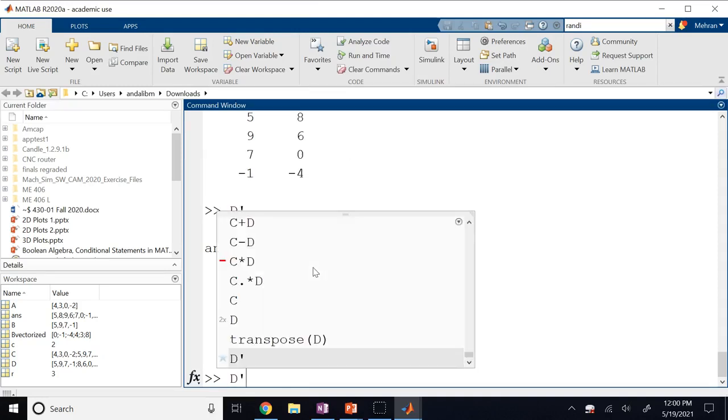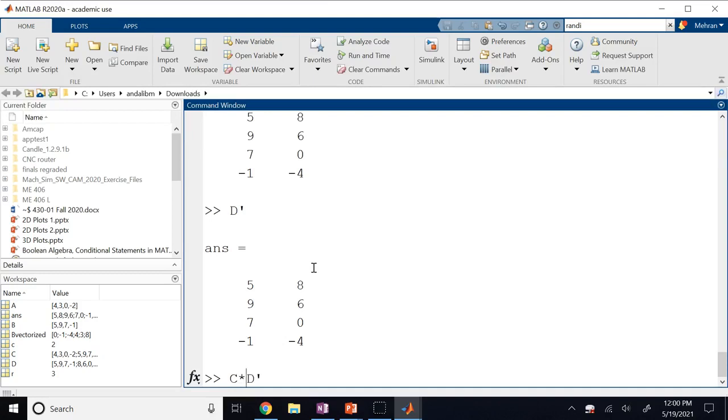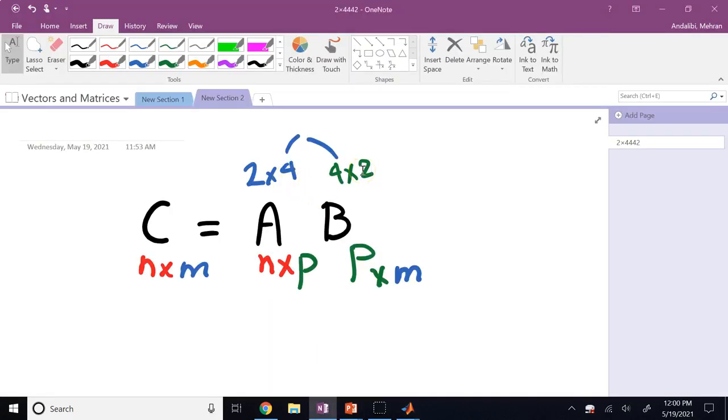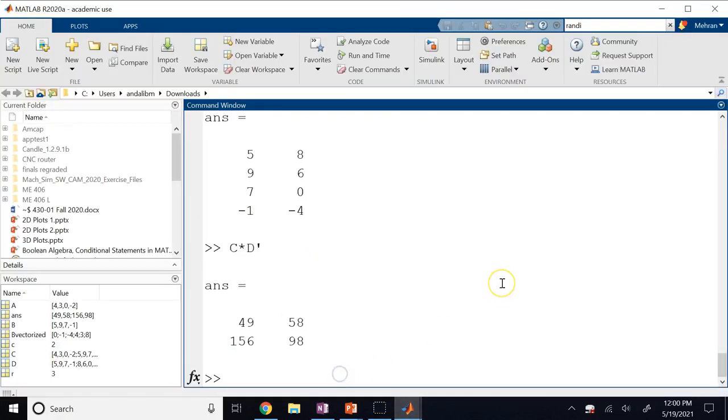So now, can I multiply C by D transpose? Yes, I can, because now I'm multiplying a 2 by 4 by a 4 by 2, and the result is those two numbers on the sides, 2 by 2. And you clearly can see that here.